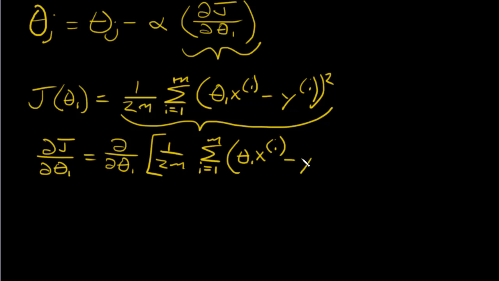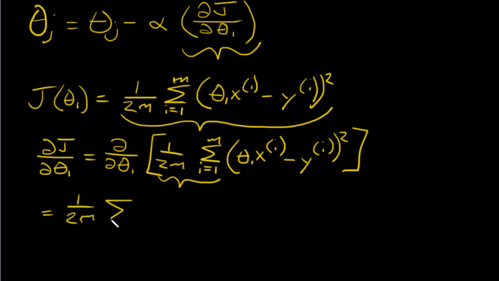So we treat every other variable when we're doing the partial derivative as a constant. So what we're going to do is take these two out of the derivative. So that will equal 1 over 2m summation i from 1 to m.